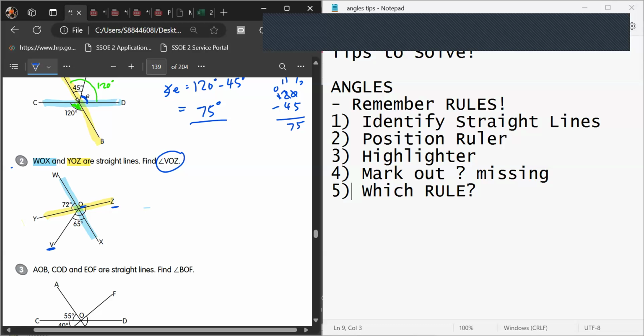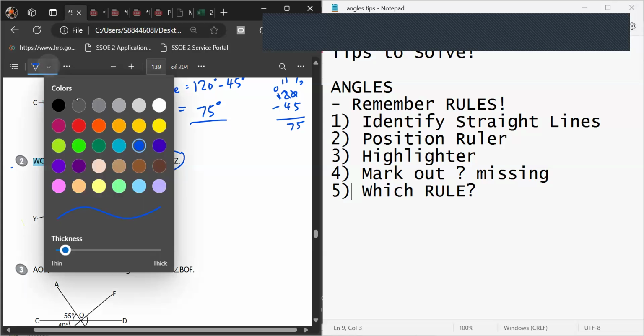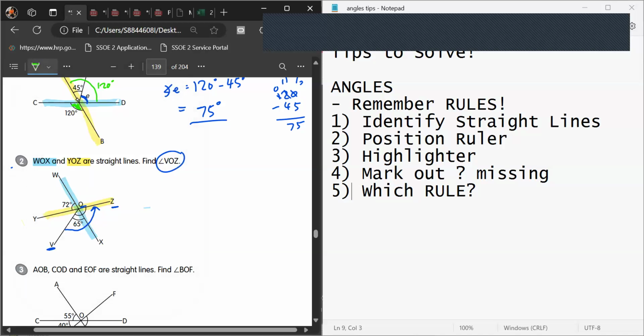So you're looking for B to O to Z, and from here this is 72, so you can find this one also.